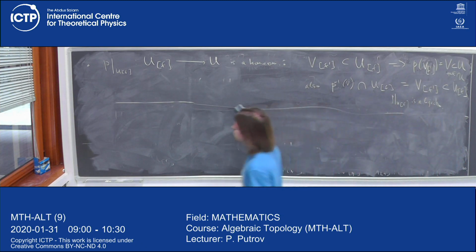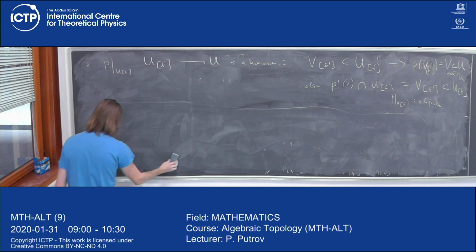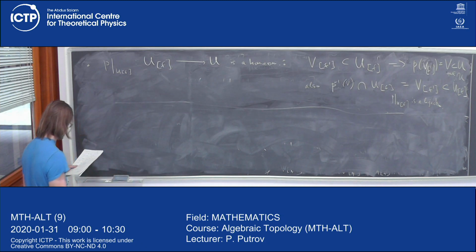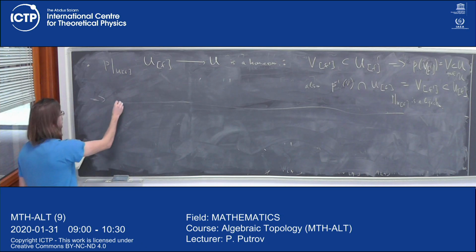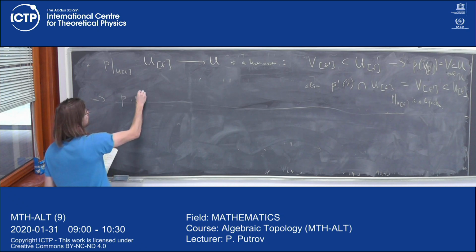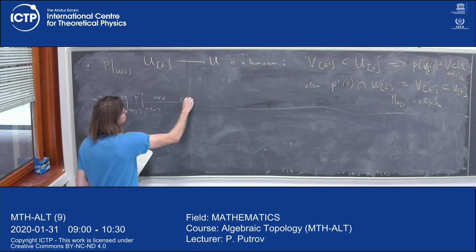And now this is a projection, and both P and its inverse are continuous maps. And this implies that the P inverse is continuous, or the restriction is continuous.